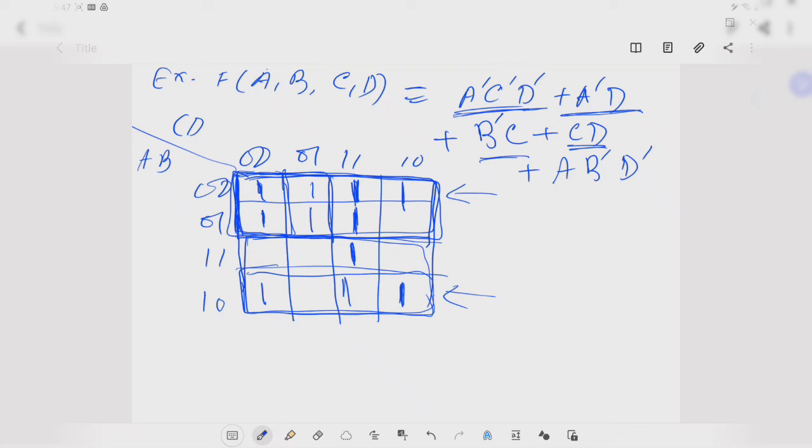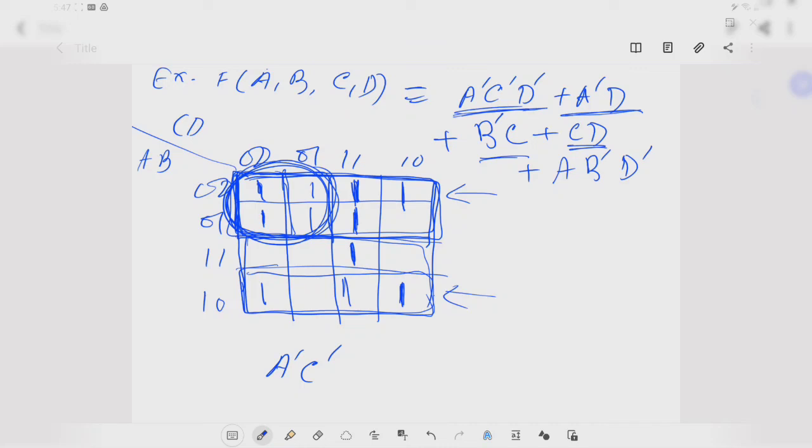Now we want to find the function, and in order to do so, we want to find the maximum number of ones which are symmetric and consecutive. Let's consider these first ones. These 4 ones are consecutive and symmetric, and for these 4 the common is A prime and C prime. So it's A prime C prime.